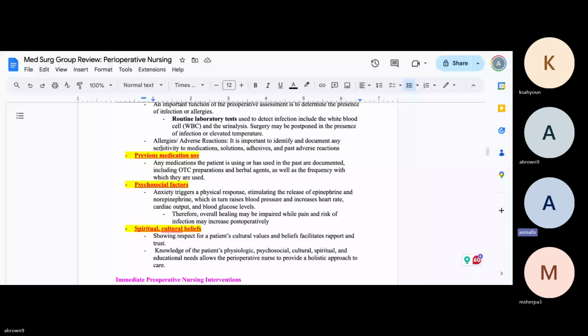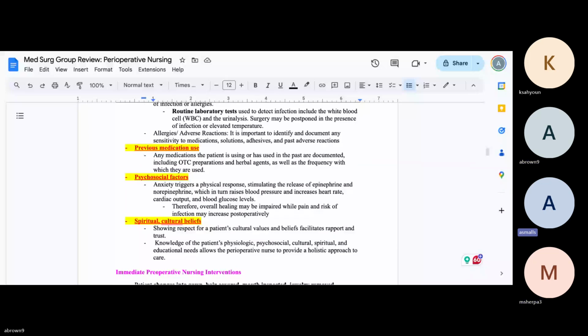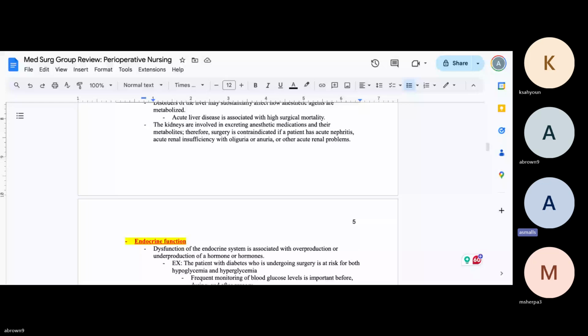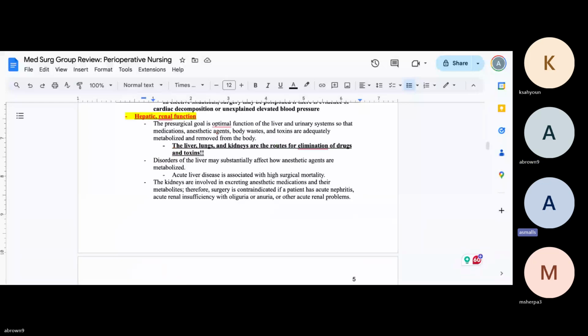I had one question in regards to the hepatic and renal function. So if something happens with the liver, most of the time it's contraindicated and they can't do surgery. Yeah, it depends on the extent. Like, say a patient has cirrhosis, I know you guys probably haven't learned about cirrhosis yet, but that's permanent scarring of the liver. So this patient has jaundice and that liver is really not good at all.